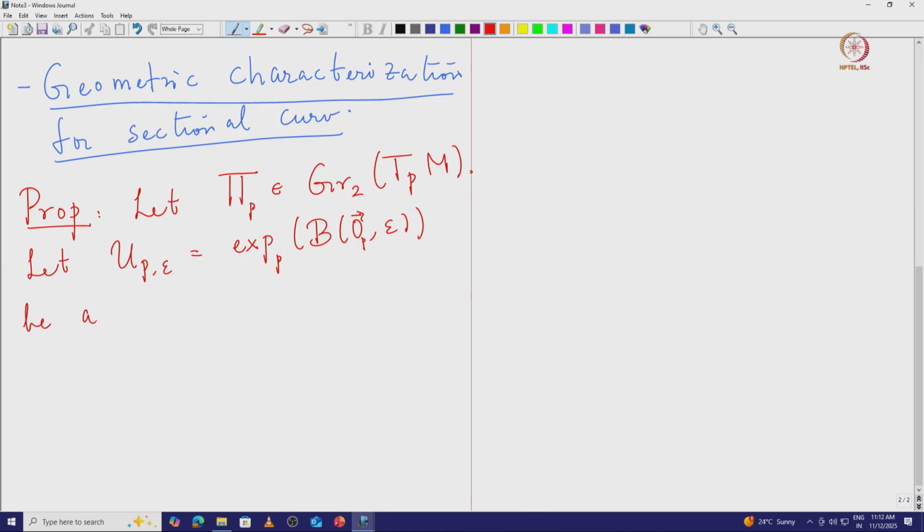So let this be a geodesic ball so that I can use normal coordinates on this.